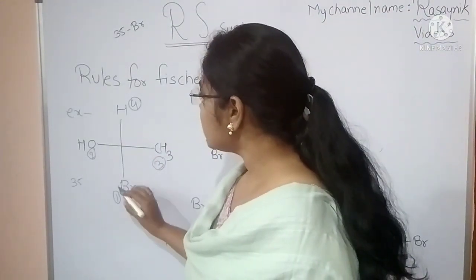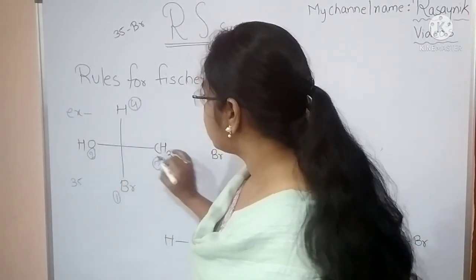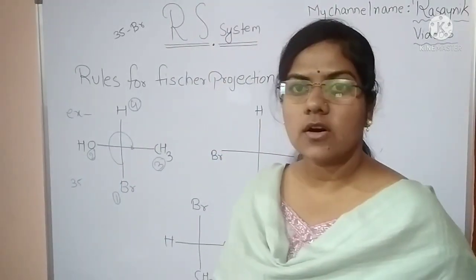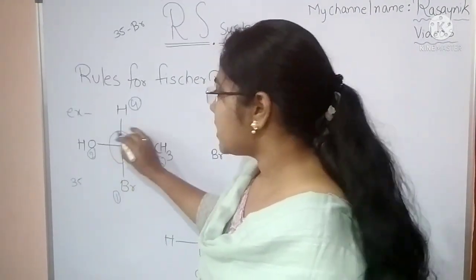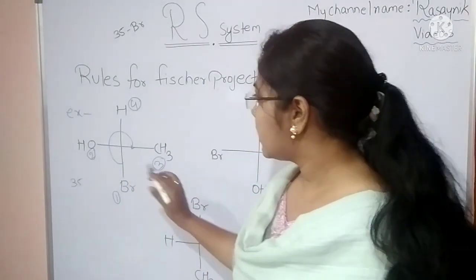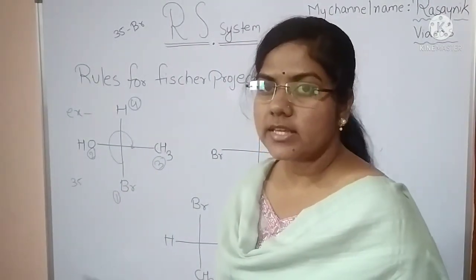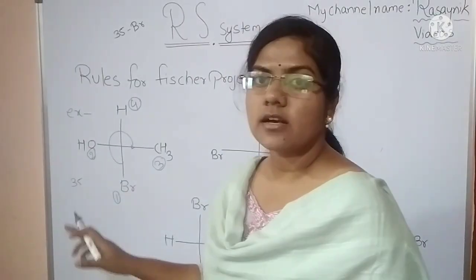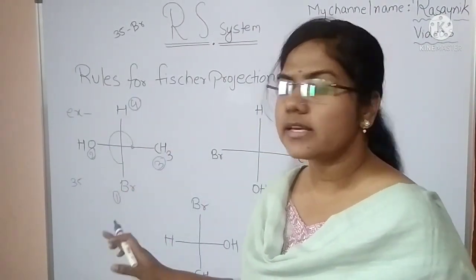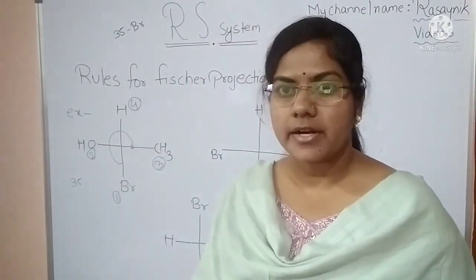Okay, so now how will it rotate? From 1, 2, 3 and 4, like this it will rotate. In which direction will it rotate? Clockwise direction it will rotate. Now we have to see in which position the least priority group hydrogen is. In a horizontal line or in a vertical line?